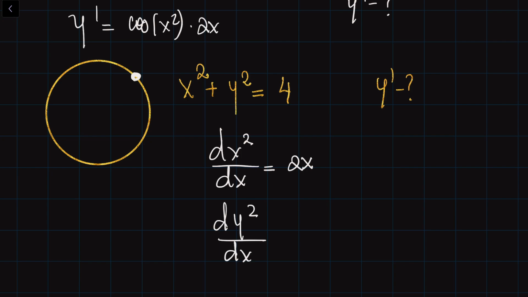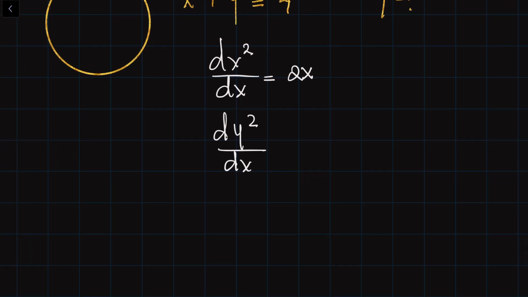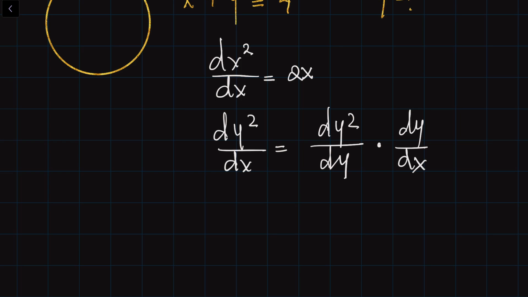Okay, let's do this using the chain rule. Okay? So do you remember, in order to take the derivative, what I have to do is make this 2y, the derivative of y squared over dy, times dy over dx. Right? And I hope that you understand why we're doing it, right? Because I have to make the same variables here, and I have to multiply by dy over dx in order to keep the dx, right?